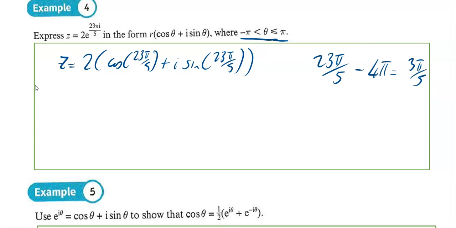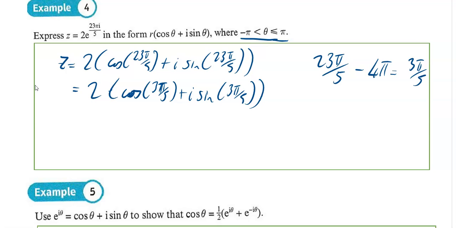So it's 2 full terms plus another 3 pi, which is equivalent of just 3 pi over 5. So when you do that out, it really is just the same as 2 times cos of 3 pi over 5 plus i sine of 3 pi over 5.